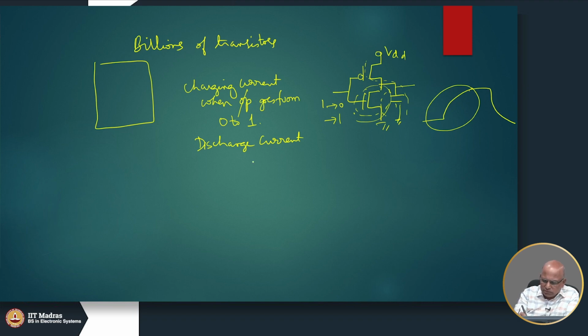So, if VDD is the power supply voltage and C is the capacitance here, then the energy dissipated in charging or discharging this capacitance is approximately half C VDD square.